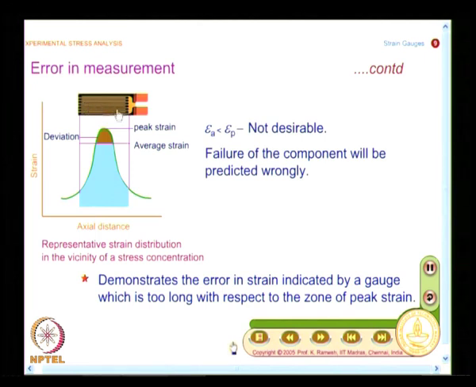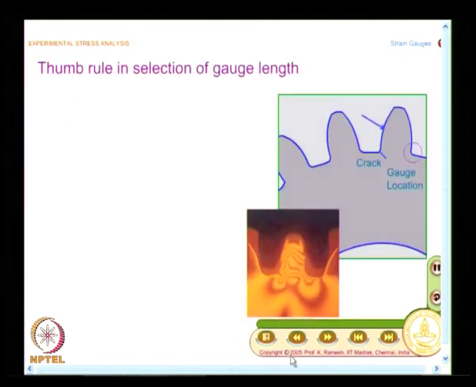Suppose I keep reducing the width of the gauge, that is essentially the length, making it smaller and smaller, then I can approach this peak strain very closely. So, it is actually dictated by the gradient of the strain variation. And how do you do that? You have a thumb rule available.